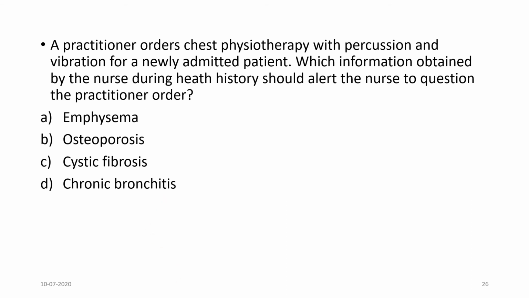So the right answer is osteoporosis, because in osteoporosis the bones are soft and the strength of the bone is weak. So when we apply pressure, the chance of bone breaking is increased. So in a patient with osteoporosis, we cannot do percussion and vibration.